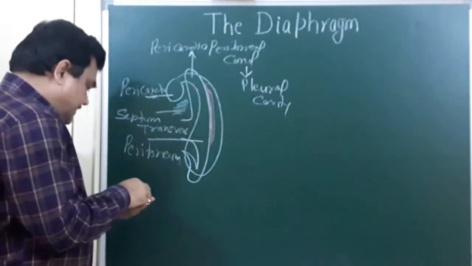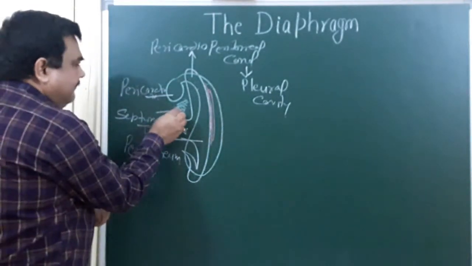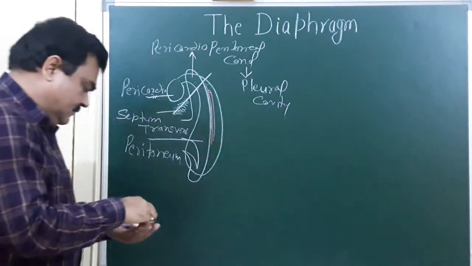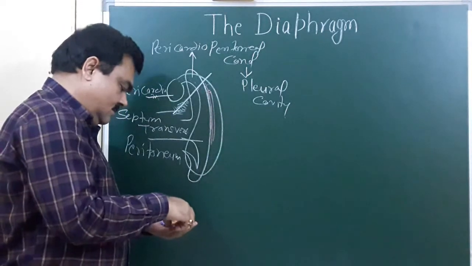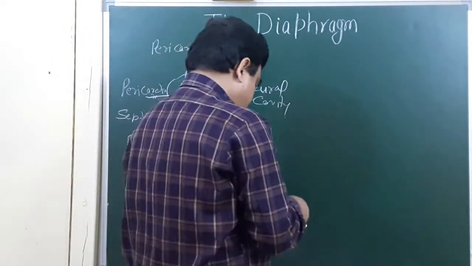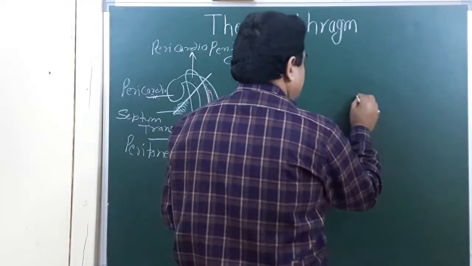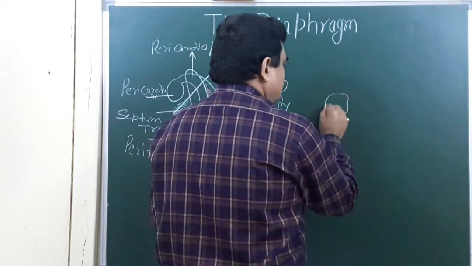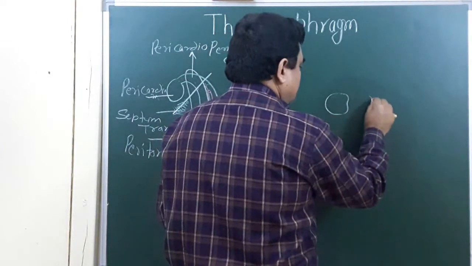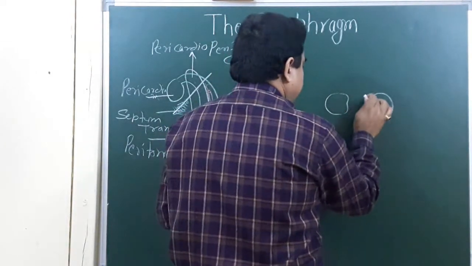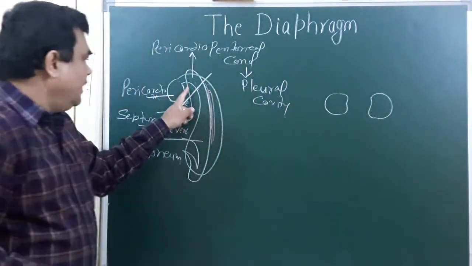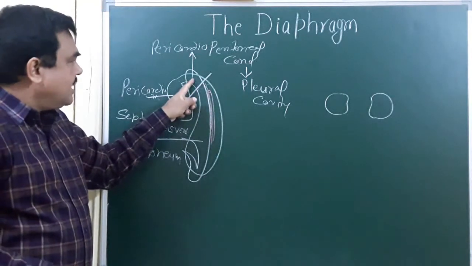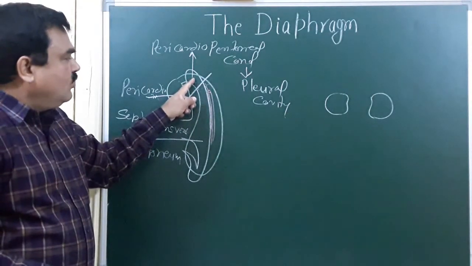So, if you cut a section at this level, like this, you will find on both sides of the developing foregut these two structures, the pericardio-peritoneal canal.